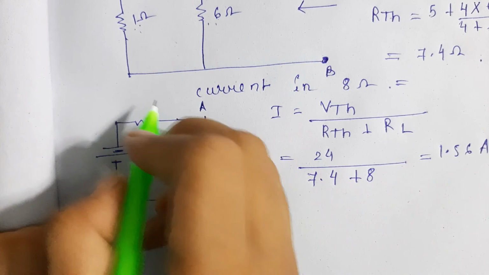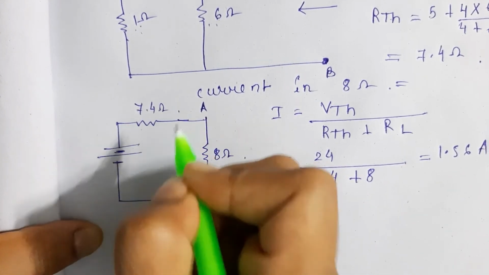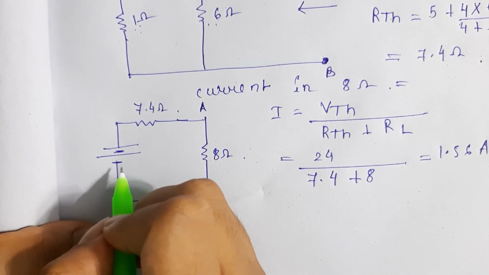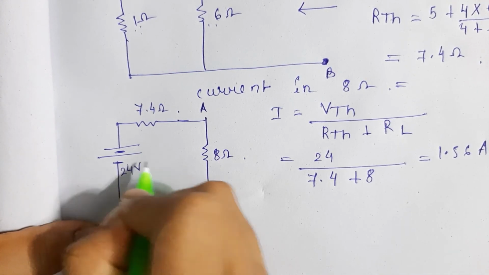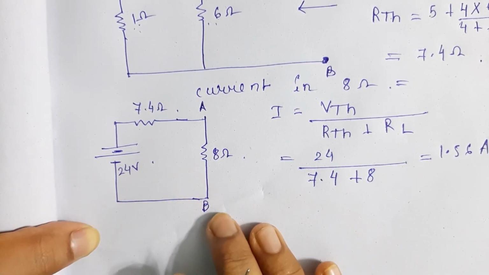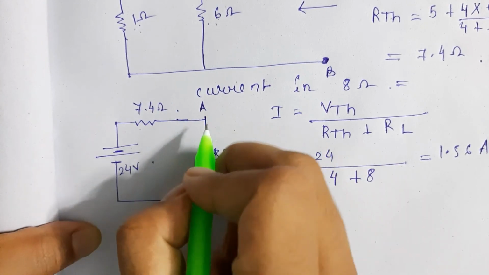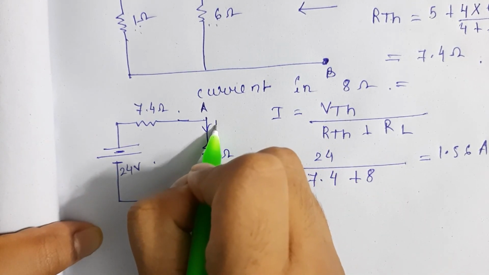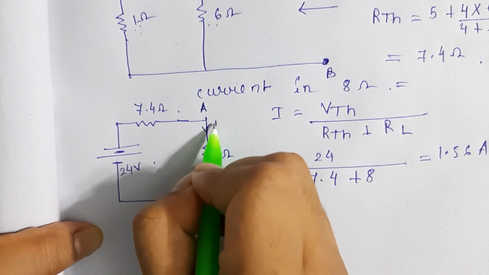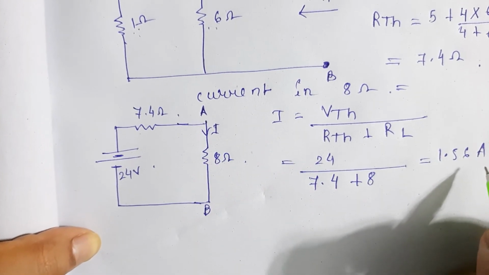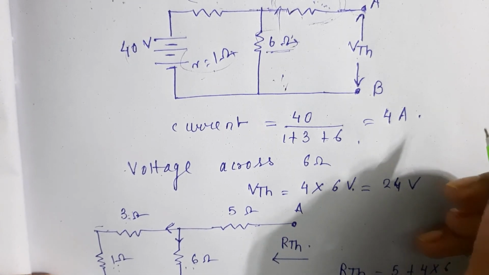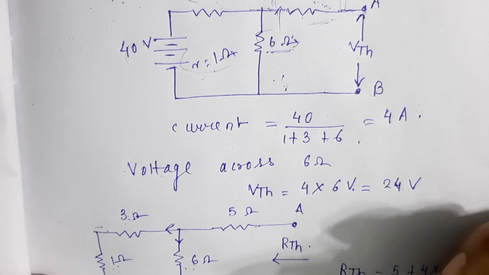You got RTH equal to 7.4 ohm, and VTH which we got to be 24 volt. So this is our final circuit, and the current flowing through this is 1.56 ampere.